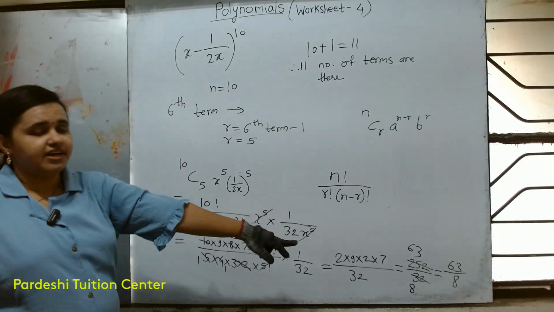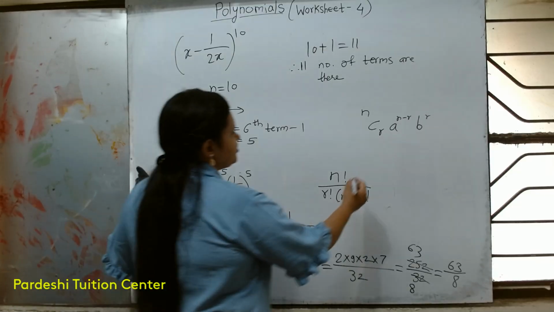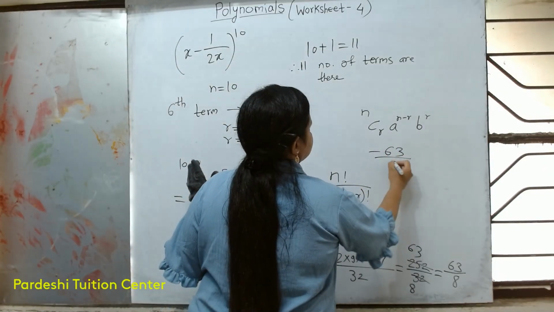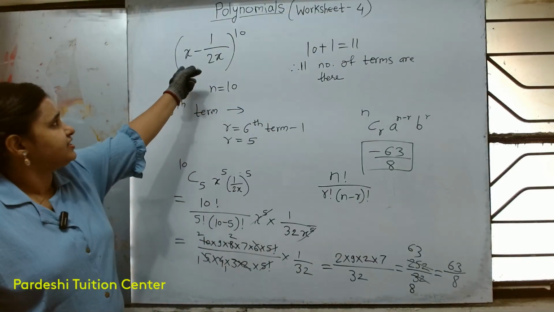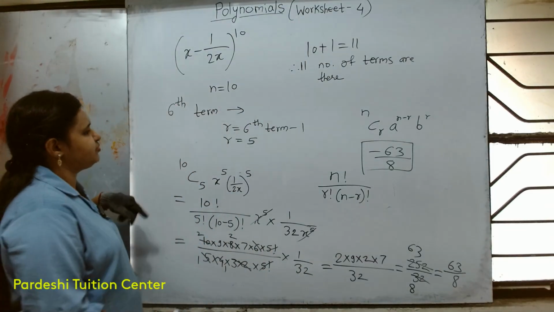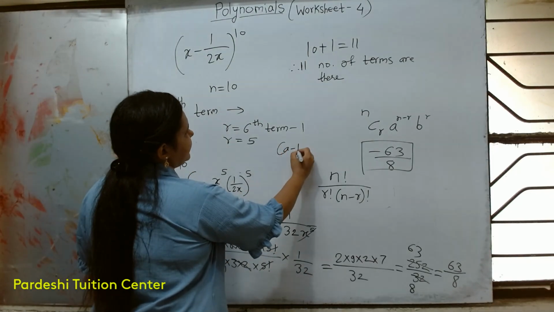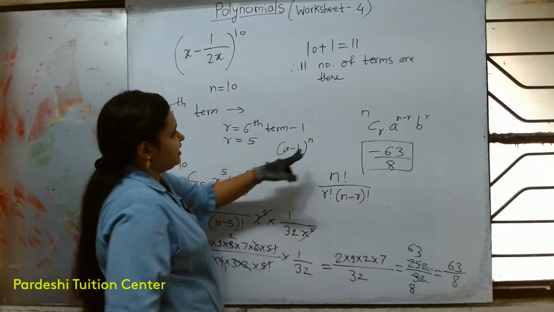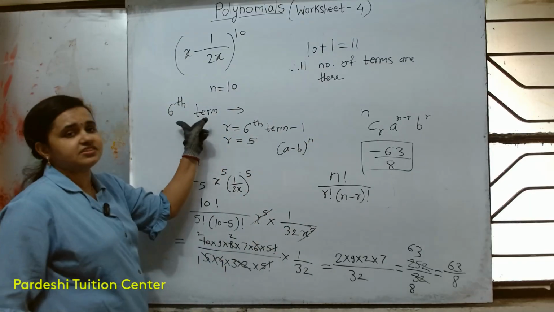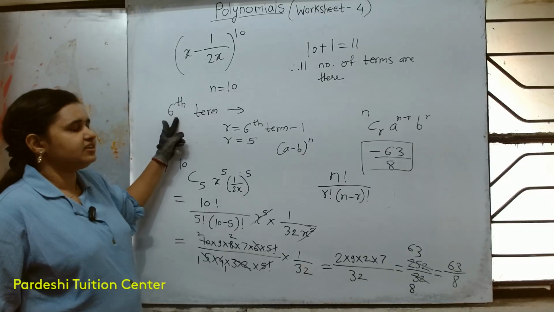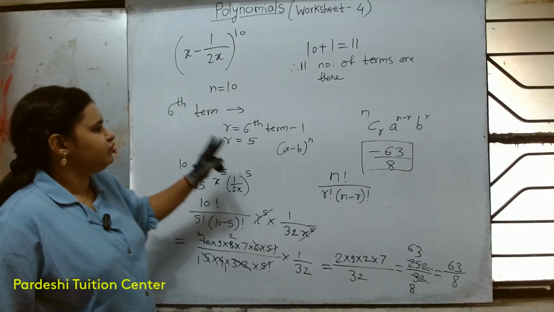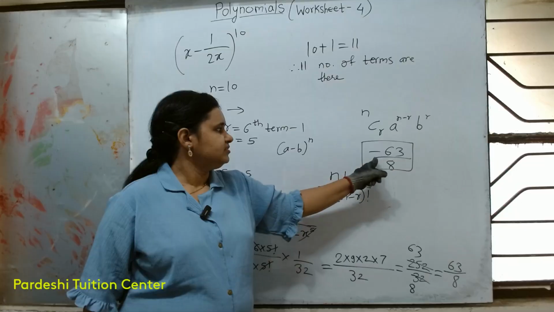But here it will be minus. Why should it be minus? Because if the term is given in the form of a minus b to the power n, and the power is 10, and you have asked for the sixth term, sixth means an even-numbered term. If you have asked for an even term, then you have to put minus in the answer.